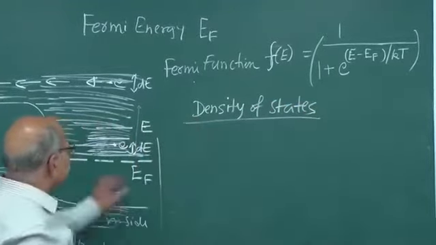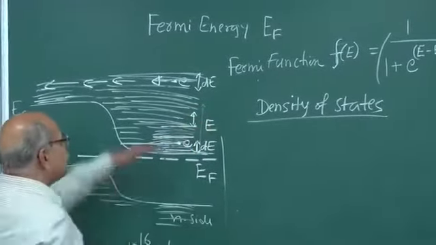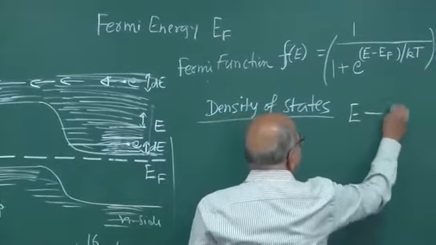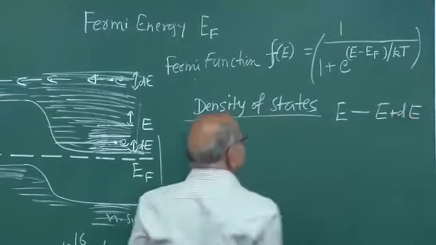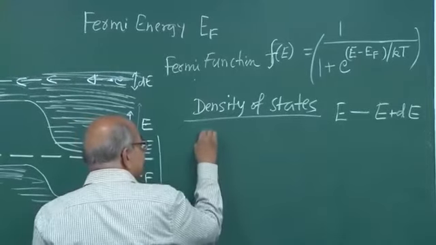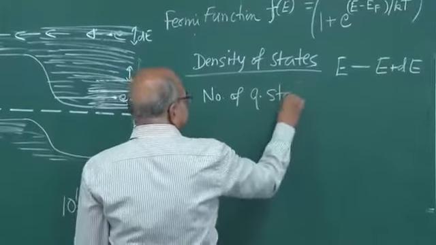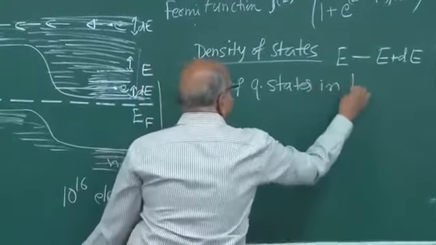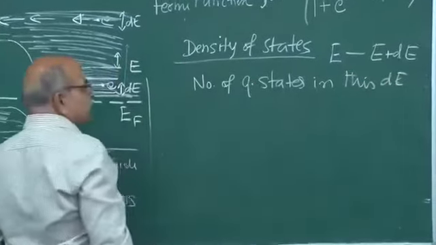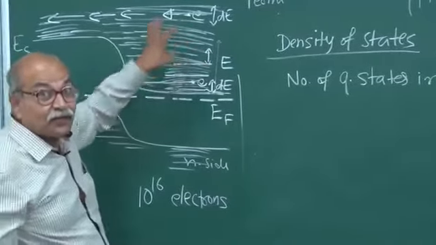What is this? You take some band, some energy width dE, at some energy E, from E to E plus dE. Consider this and ask the question, how many quantum states are there in this dE? Not electrons, quantum states, occupied or not occupied.